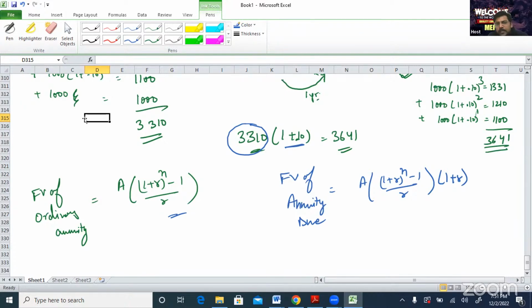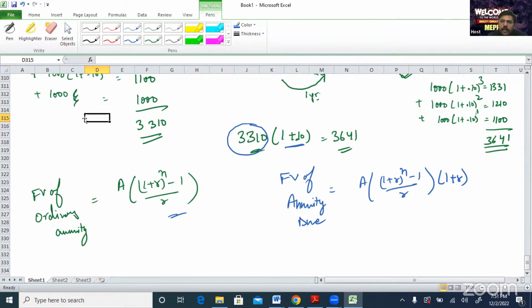Then what is the present value? Present value is nothing. It means there is no single cash flow. Present value is 0. PMT: now I am depositing 1000 rupees every year, so there is a cash outflow. So I can put negative 1000. Even if you put positive 1000, your answer will come in negative.